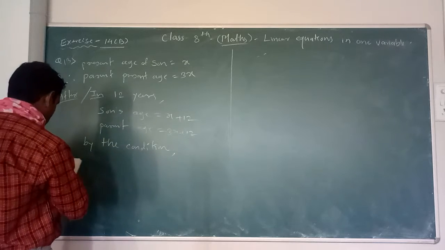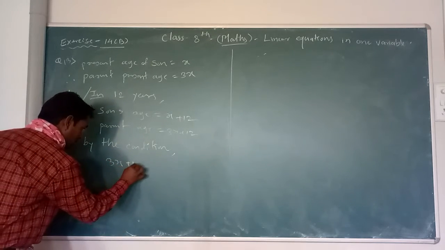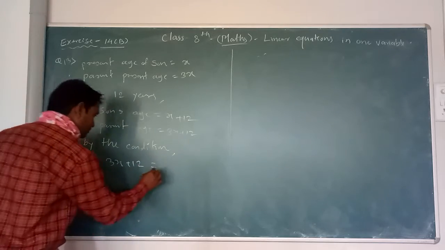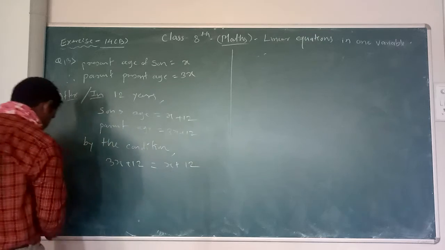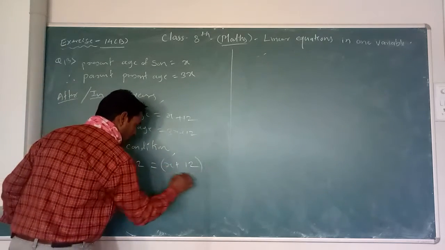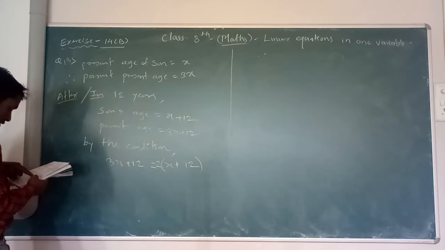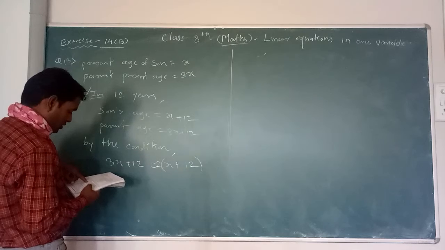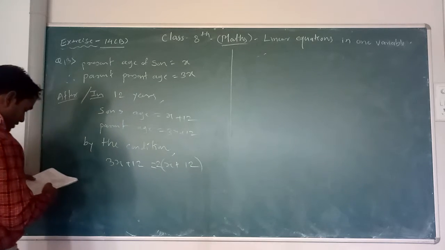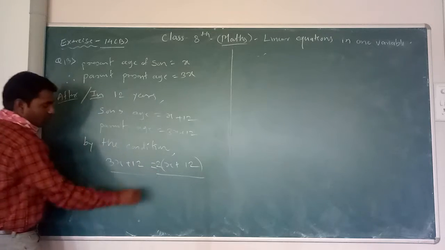That means according to the question we can write that 3x plus 12 is equal to 2 into (x plus 12), twice the son's age. These both are equal, as given in the question.